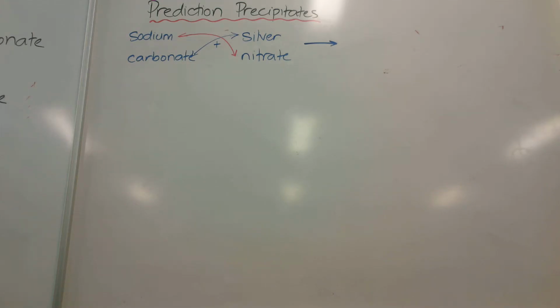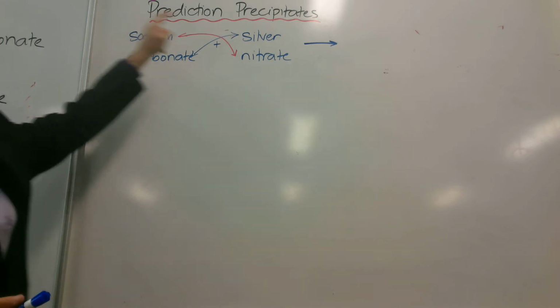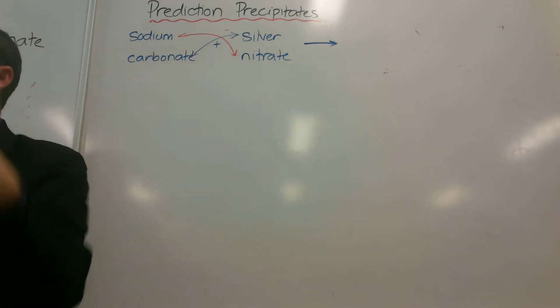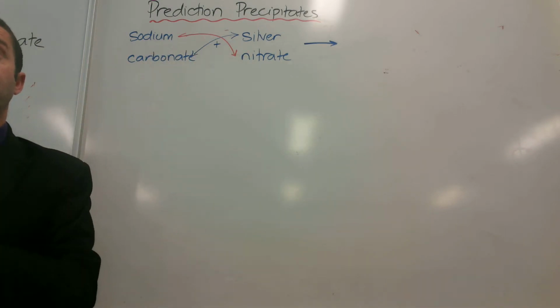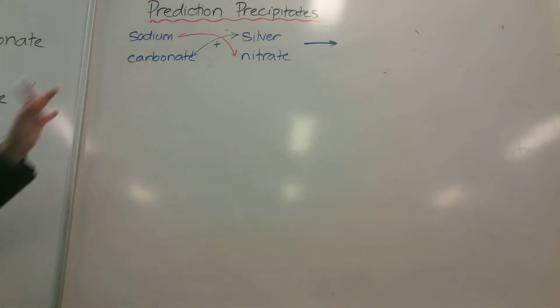What's actually happening is that the two solutions have sodium particles, silver particles, carbonate particles and nitrate particles all mixed together. If any of these can join together to make a solid, then we call it precipitation. If they can't join together to make a solid, then it's not. You've just got a mixture of all four ions.